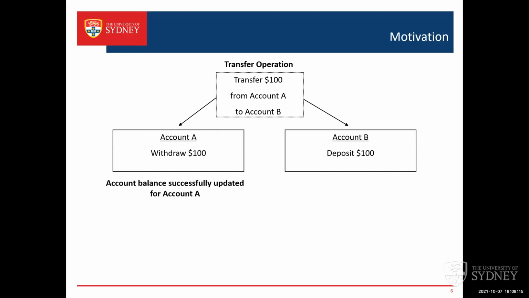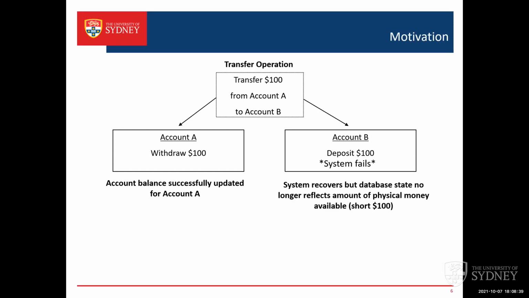Let's assume that we have successfully withdrawn the money from account A. But when we are at account B trying to deposit that money, at that time the system fails. For some reason, the system crashes, network issues, the system fails. That simply means that we are not able to deposit that money in account B. After some time, the system recovers.